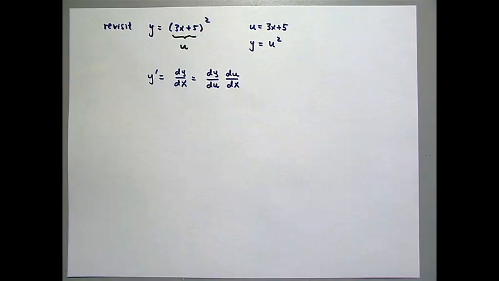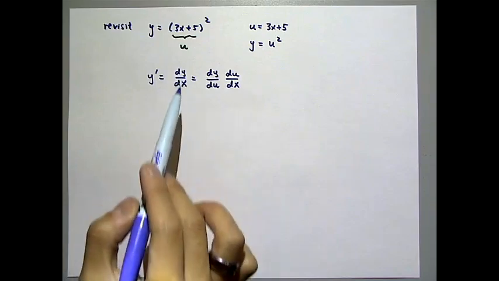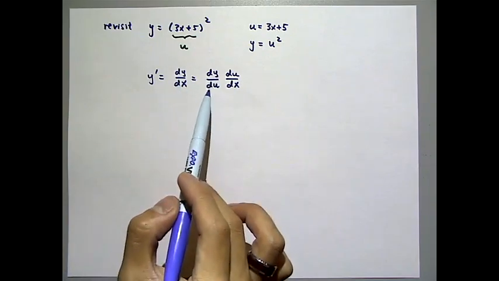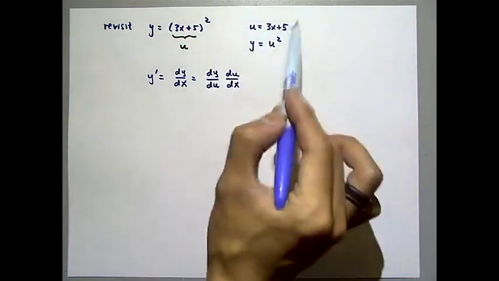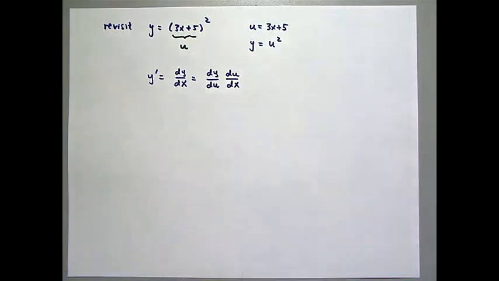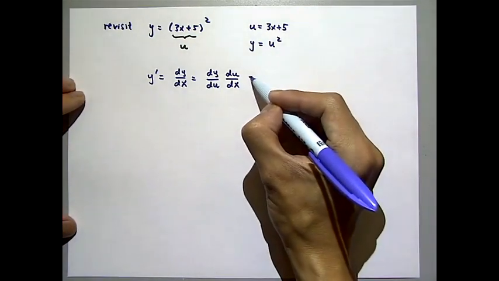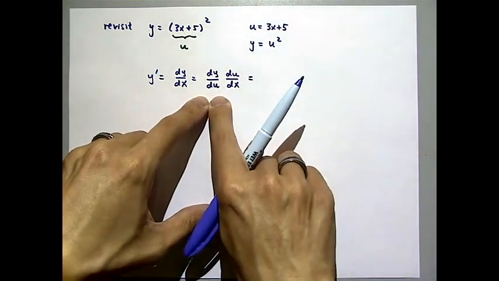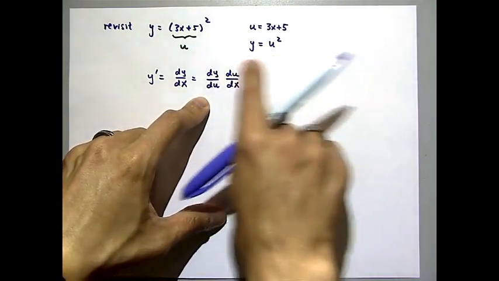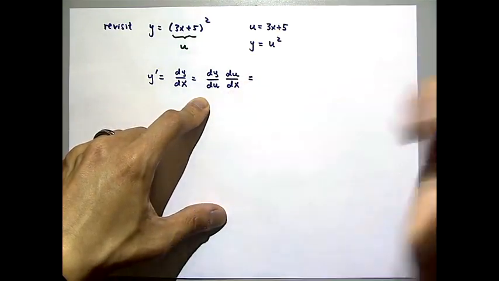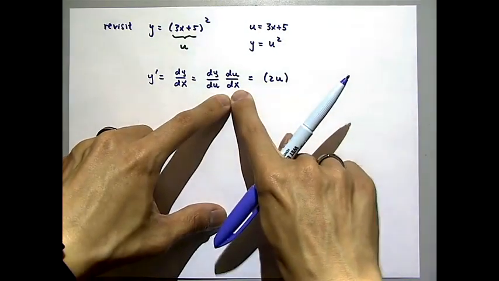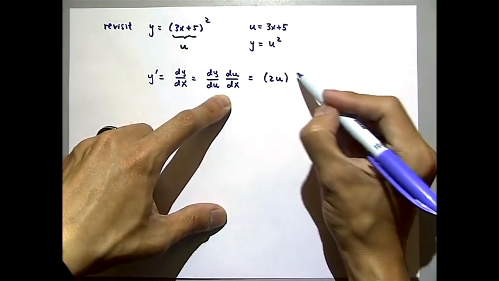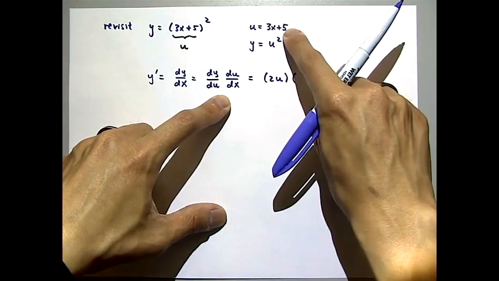Taking the expression from the last page, the chain rule says the derivative of y with respect to x is how y is changing with respect to u, dy du, times how u is changing with respect to x, du dx. When you find dy du, you simply look at this line right here. Dy du is 2u. Du dx, you look at that line by itself. Derivative of this with respect to x.